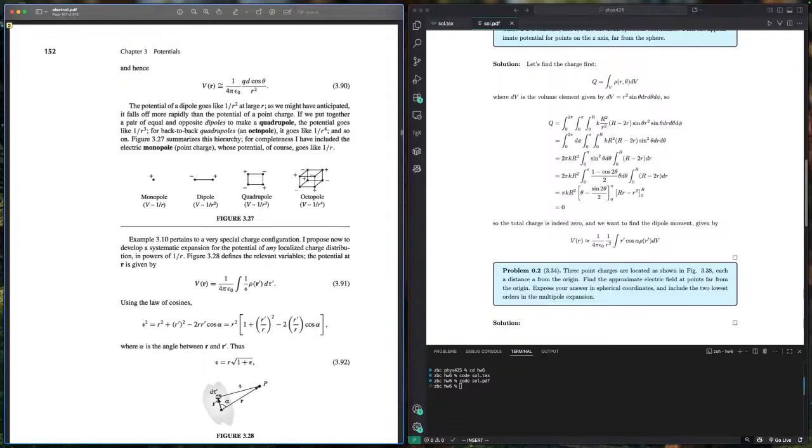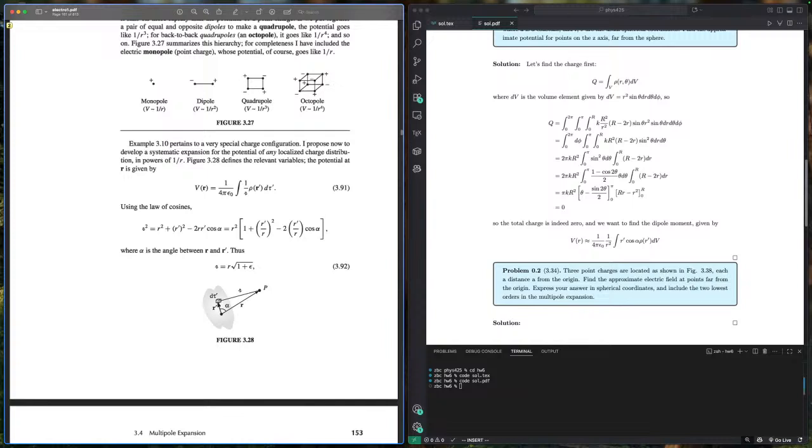So if we look at this diagram, okay, so if r is like really far away, right, then how do we consider this angle?